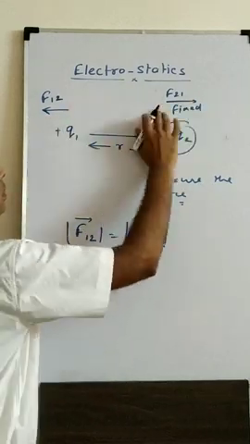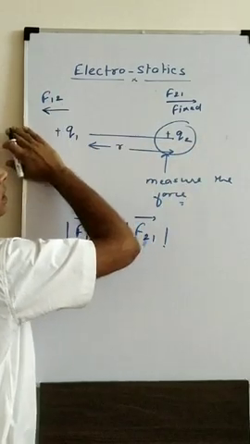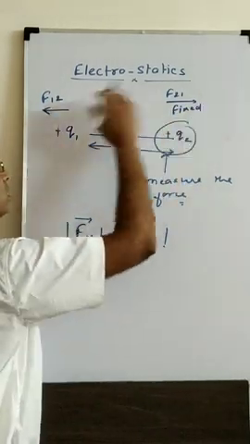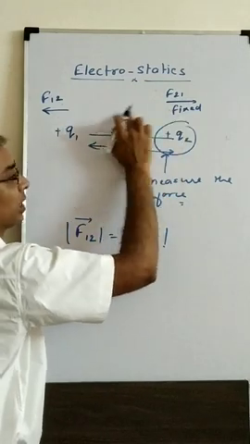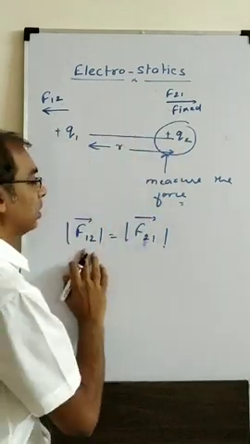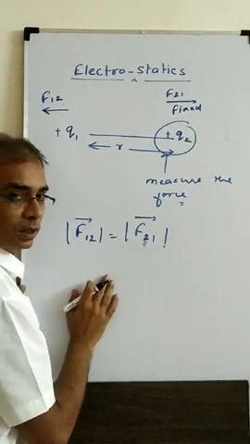They are positive, that's why the directions are like this. If this is negative, the direction would have been like this. If it's positive and negative, both directions will be towards each other. But we found that the magnitude is equal.